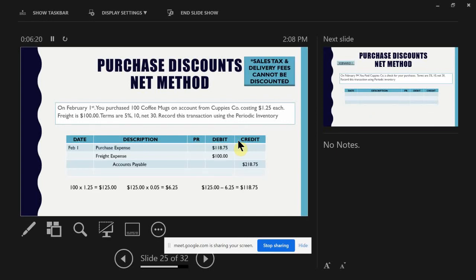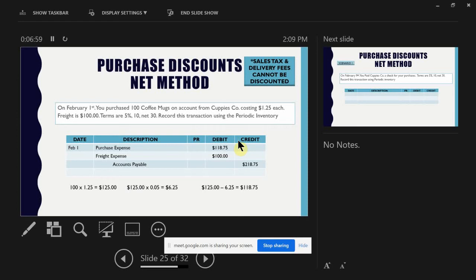So with that kind of mentality, instead of having to journalize my purchase discount, I'm going to assume I made my discount already. I know I'm going to pay it, so I don't need to calculate another journal recognizing my discount. I'm just going to take it off immediately. So in this case, I'm recognizing my purchase expense at the discounted price. Okay? Shipping obviously doesn't get a discount. So here, I'm recognizing that I am going to owe them $218 because I've already taken the discount automatically out.